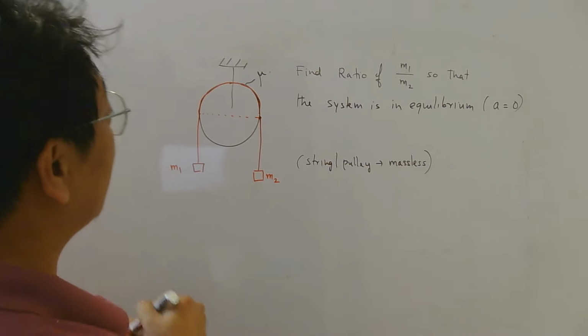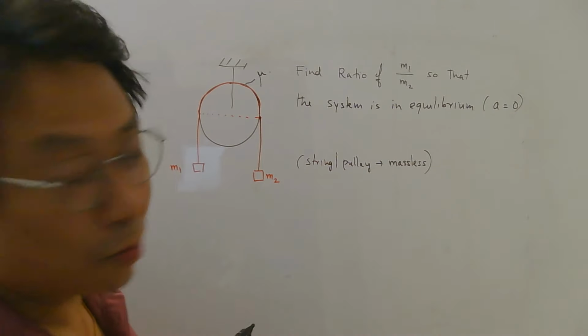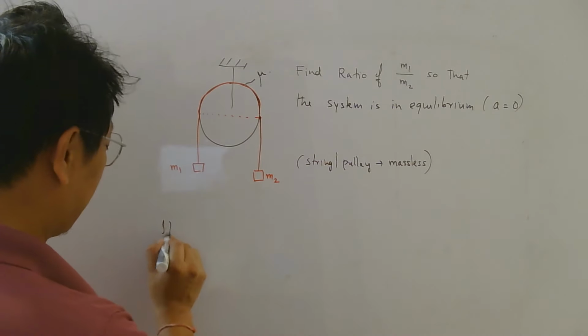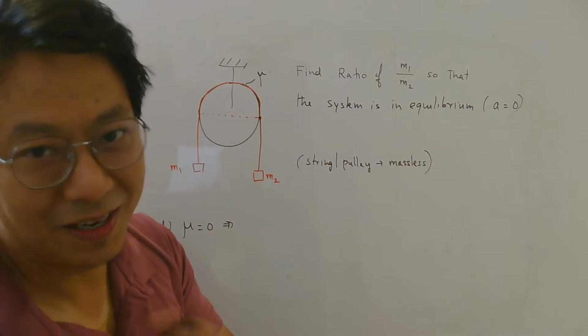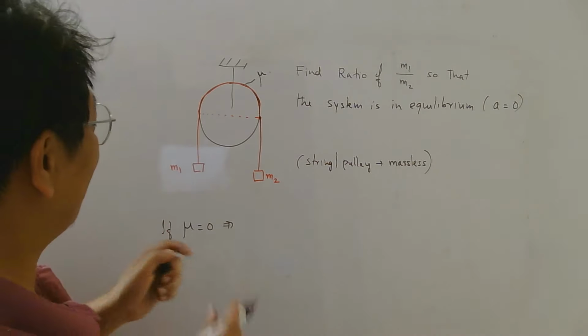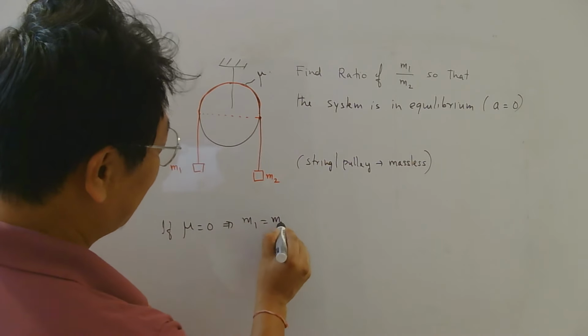Now remember, they have given the friction coefficient as mu. What if there was no friction? If mu was 0, then you all know from your class 11 syllabus that if you want this system to be at rest, then m1 should be equal to m2.